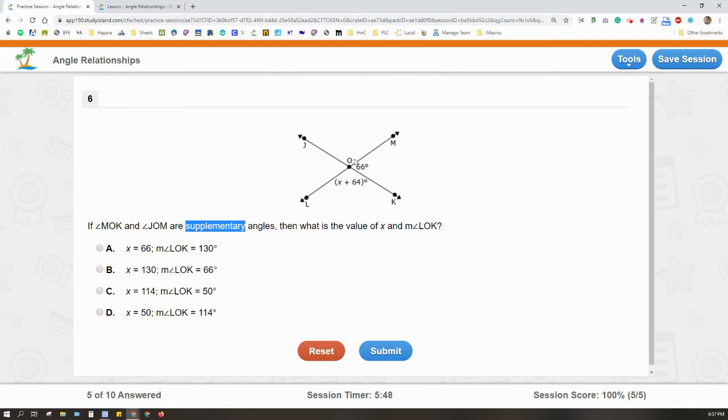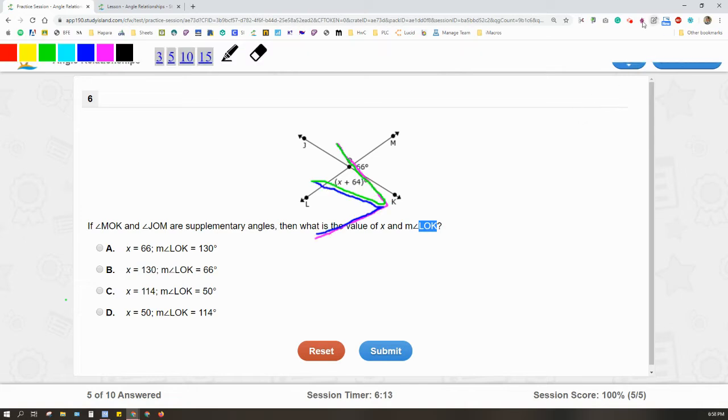Well, something you need to realize, again, I mentioned this already, we've got vertical angles here. Anytime two lines cross, the angles that are directly across from each other are vertical angles, and they have to be the same measurement. So JOM is the same as LOK.